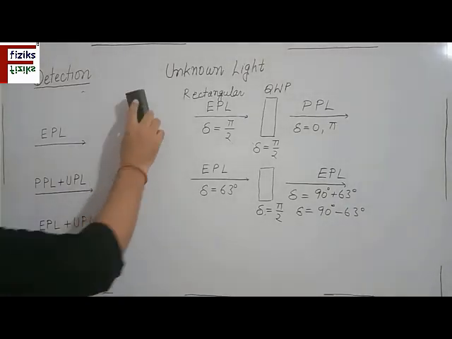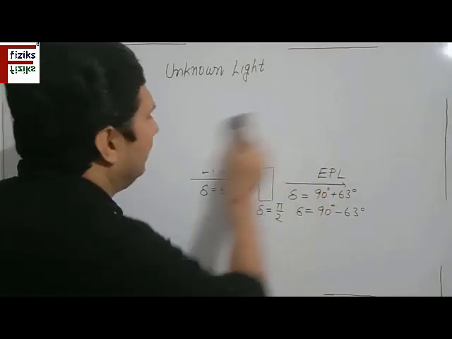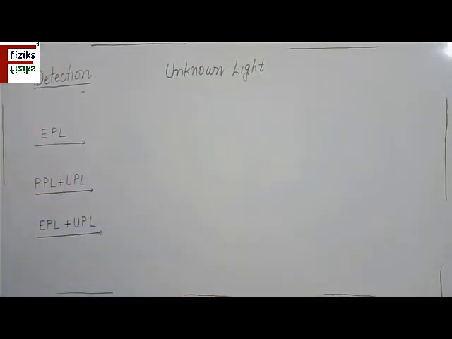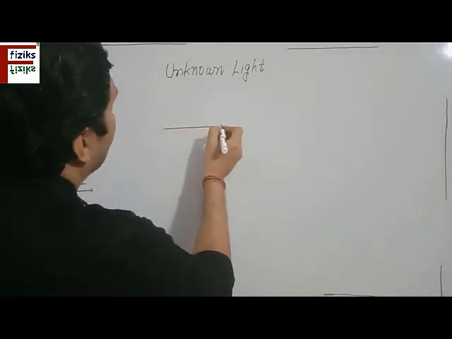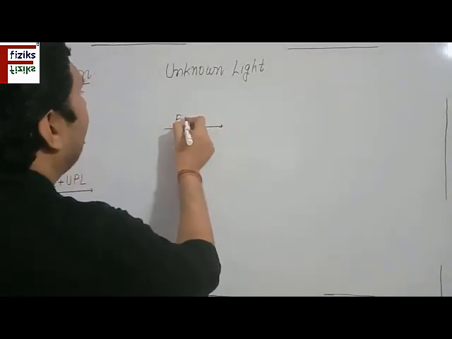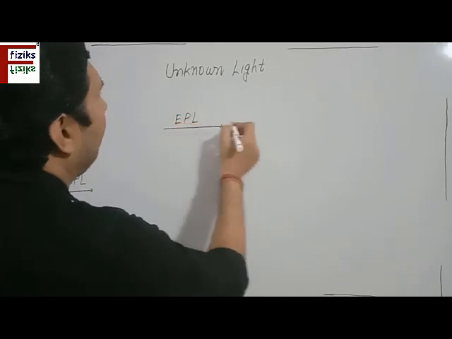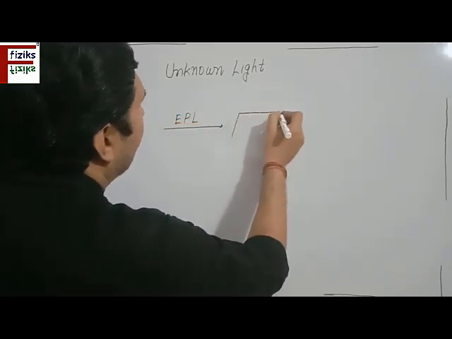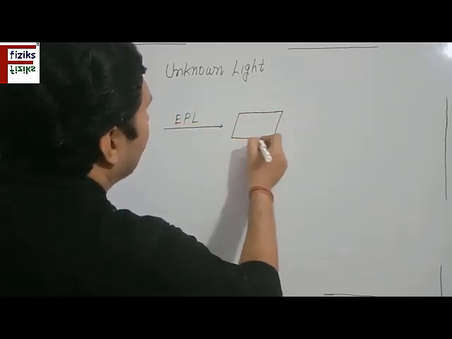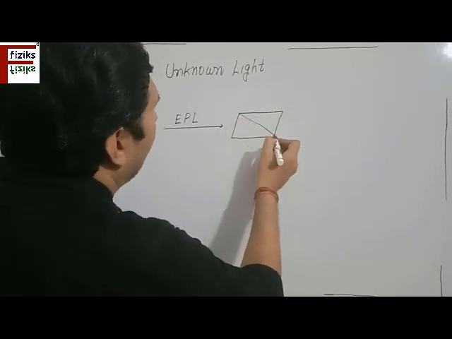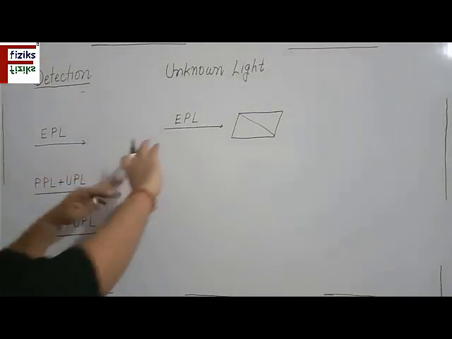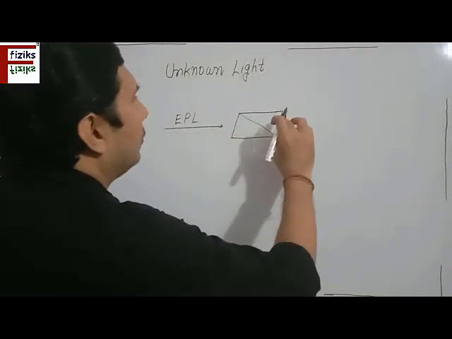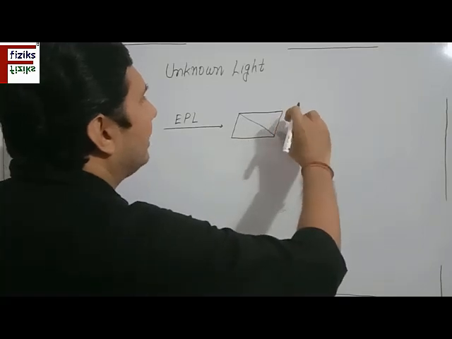So what we will do first, here this is suppose elliptically polarized light of any type, either this is rectangular or not, and we will pass this through this Nicol. In both cases we will pass this elliptically polarized light through this Nicol prism, and we will start rotating.